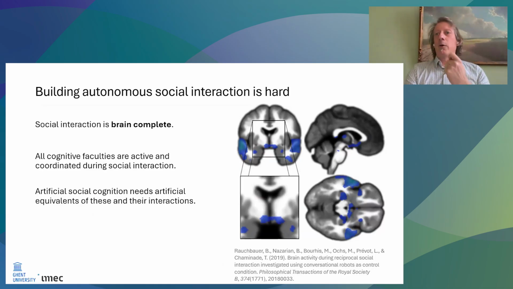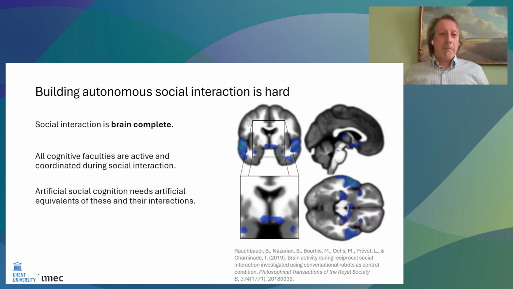And so if we're trying to build a robot that does the same thing, we need to build artificial equivalents for all these elements. And that's why it's so hard. And it's not just building all the different elements, but having them all sync together and coordinate at very, very fast-paced timescales. That turns out to be really difficult.